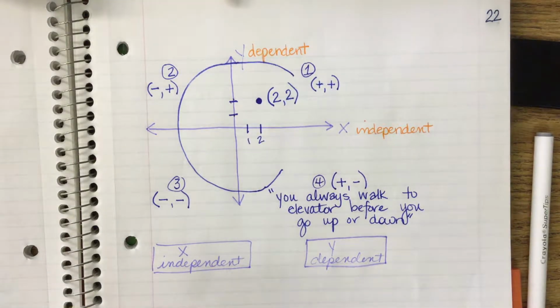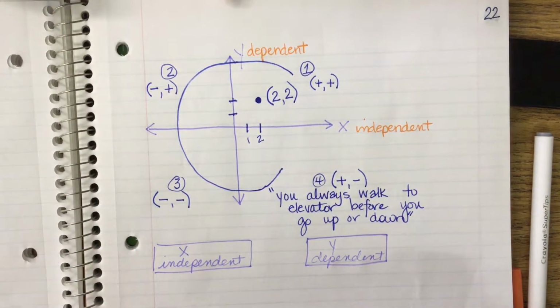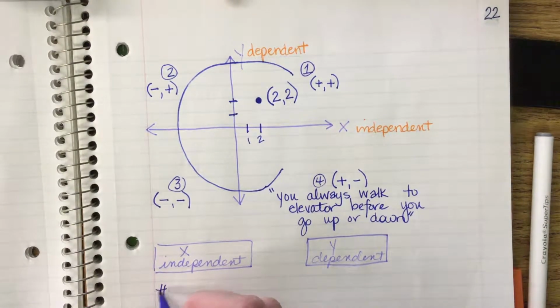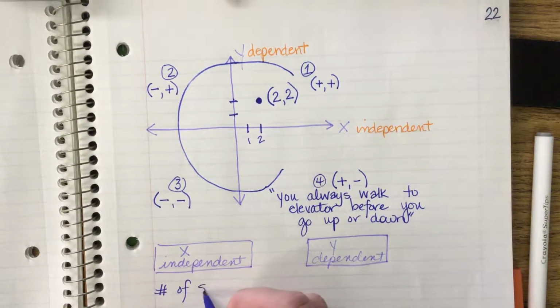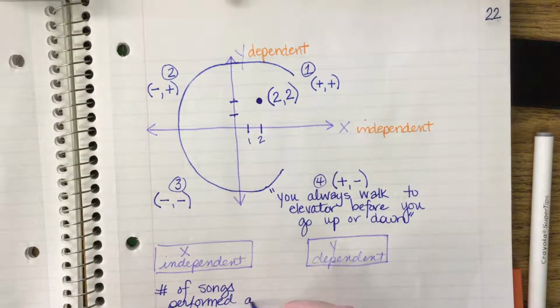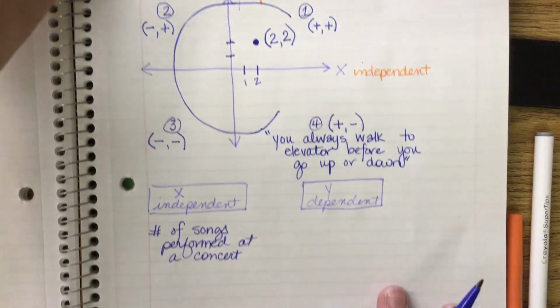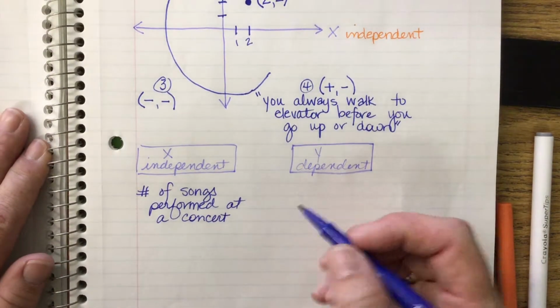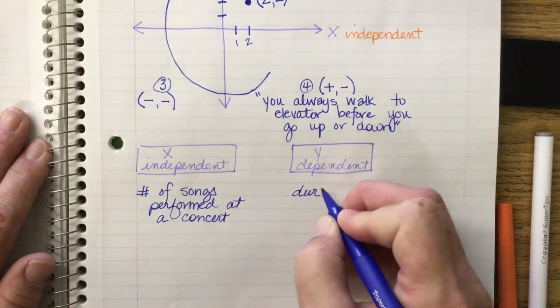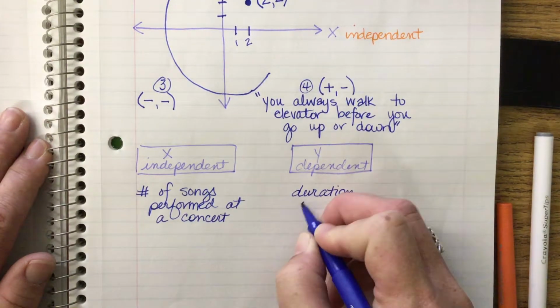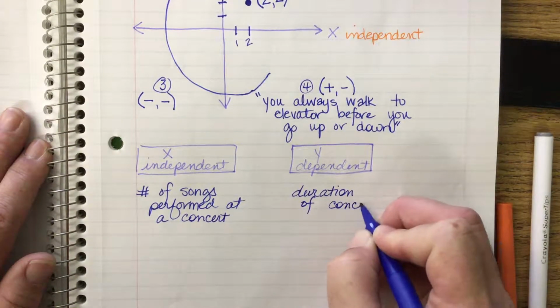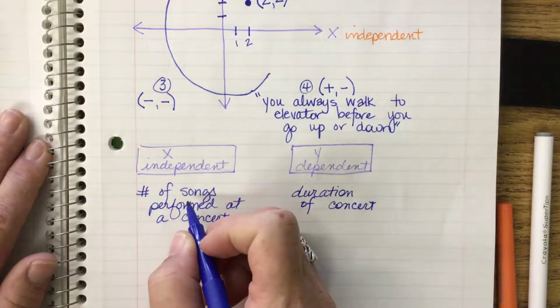An independent might be, how about the number of songs performed at a concert? And the y would actually be the duration of the concert. So how long the concert is depends on the number of songs.